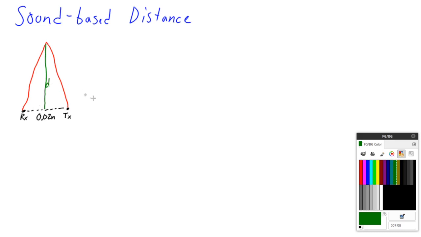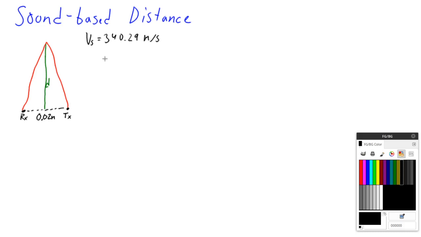So there's a couple things that we need to know, right? We need to know the velocity of sound. Speed of sound is 340.29 meters per second. And we need to know what time we measured.